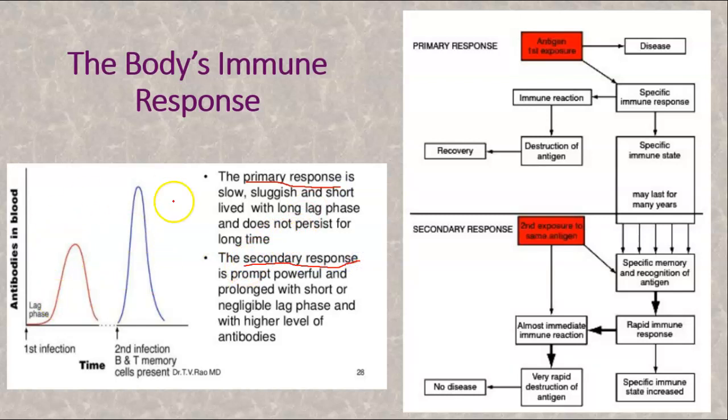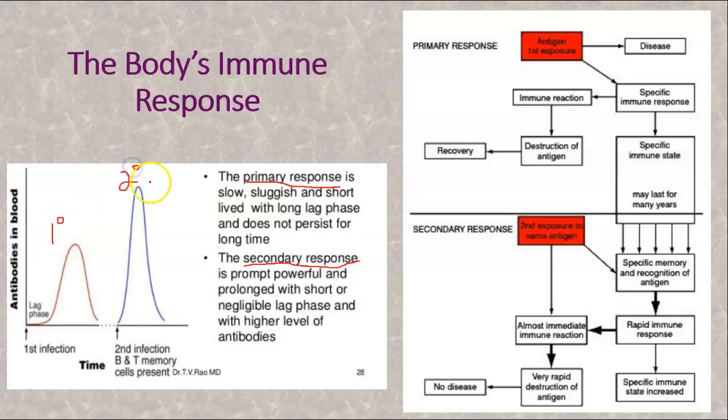If you look to the left of the screen, you would see we have a red graph and a blue graph. The red graph represents the primary response, and the blue one is the secondary response.